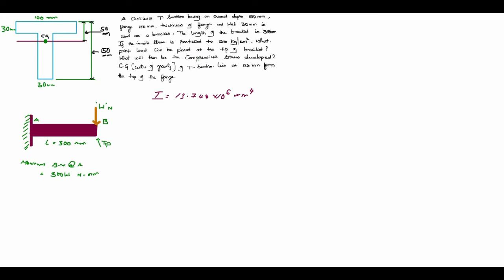Okay, so now M is equals to F tension divided by Y max into I. So substitute all of them.